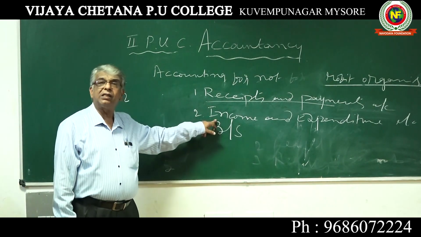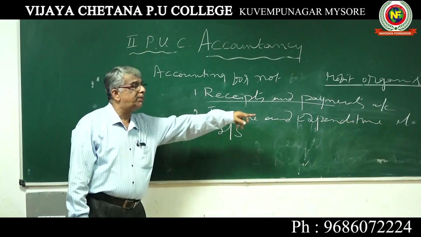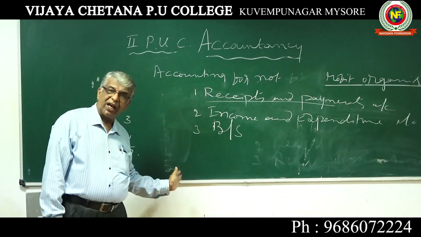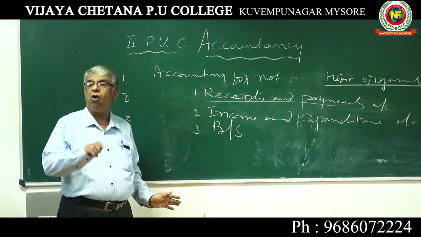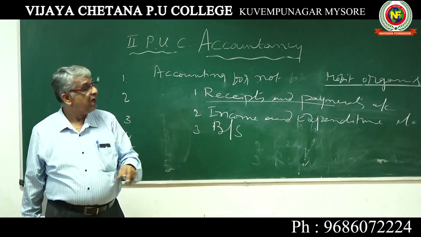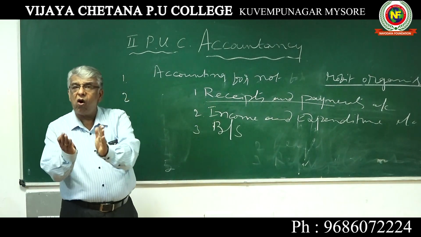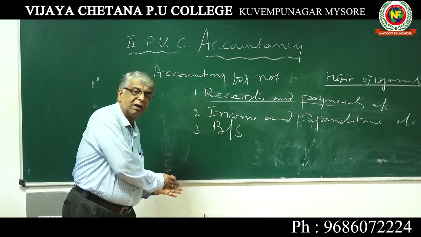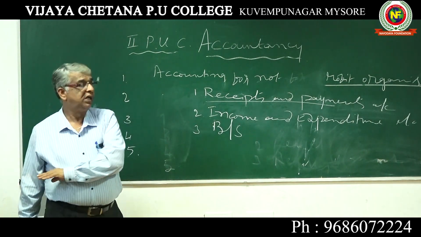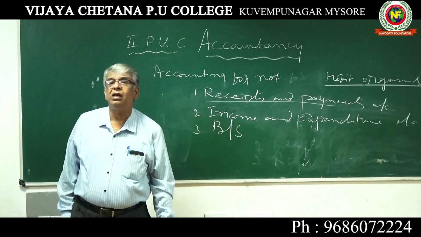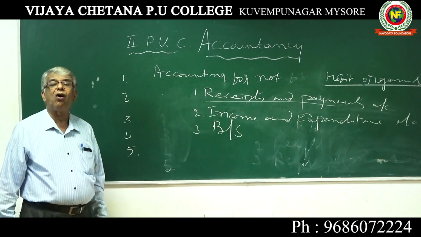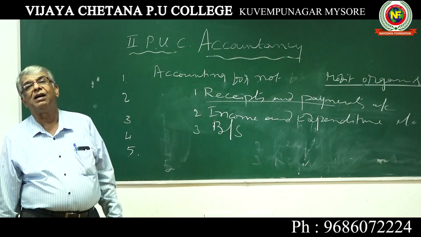Even though we call it income and expenditure account, we record all expenditure on the debit side or left-hand side and all incomes on the right-hand side or credit side. Don't confuse this. This account contains only revenue items but not capital items.